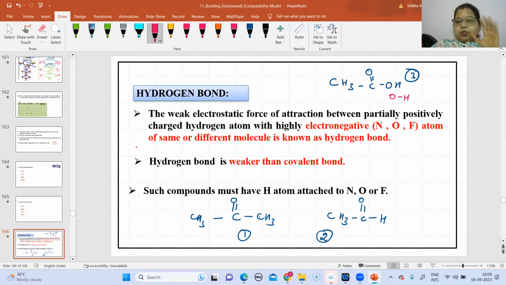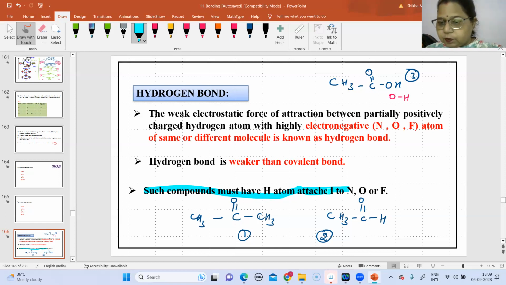Okay, correct. So that is the catch when I have written this fact. Please remember, such compounds must have hydrogen atom attached. I'm not saying oxygen atom present, I'm saying hydrogen atom attached to nitrogen or oxygen or fluorine, right?